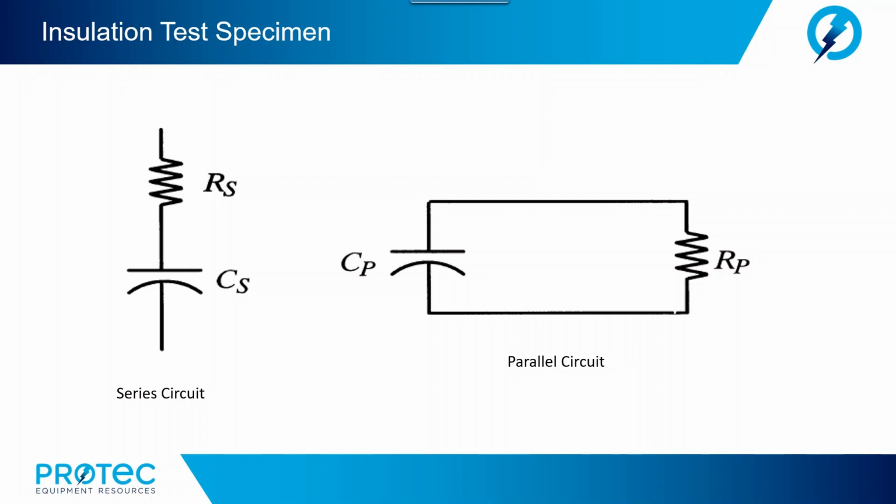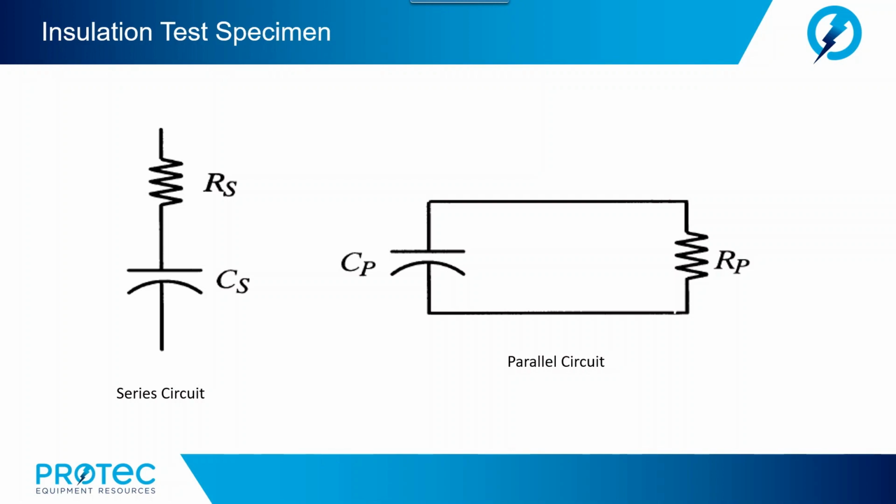For discussion and analysis, it is convenient to represent an insulation specimen by a single capacitor combined with a single resistor. In this webinar, a specimen is usually considered as an entity which cannot be subdivided further for test purposes.